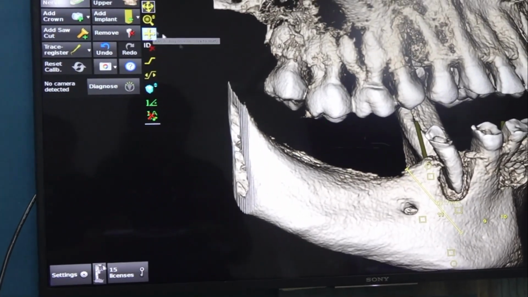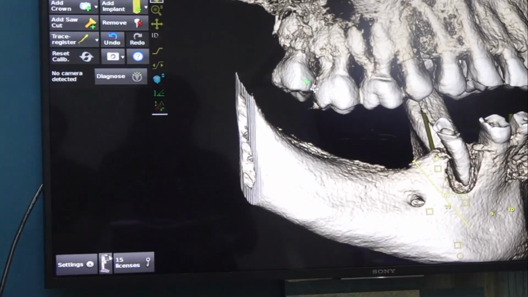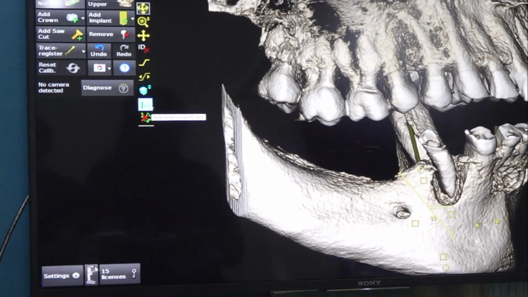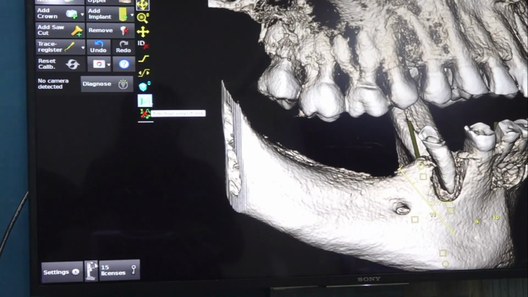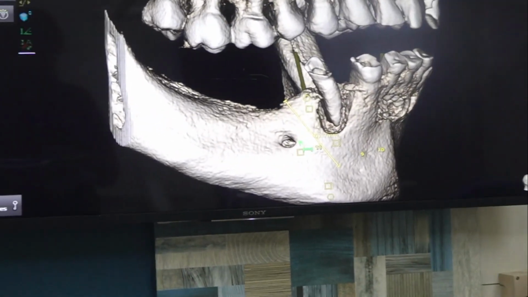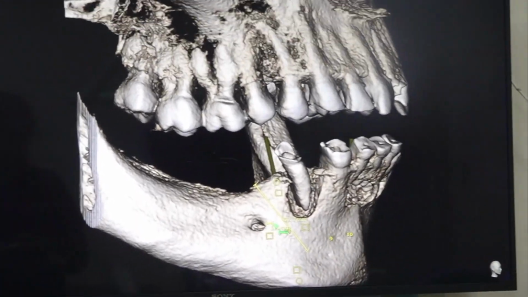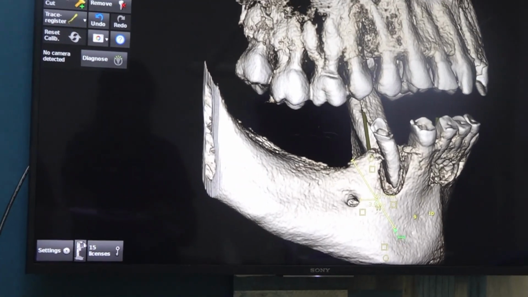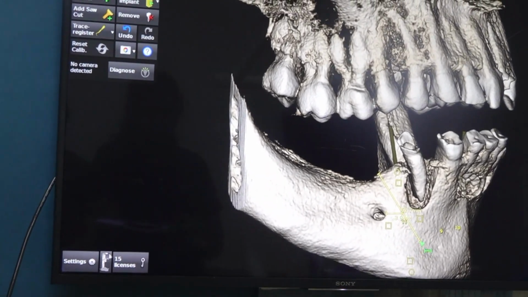When tilting anteriorly there is a simple rule which, if you follow, you can avoid damage to the mental nerve and the anterior loop of the mental nerve. So you have to go anteriorly 5 mm. It should be 5 mm. But here if you see it is around 4 mm, right?